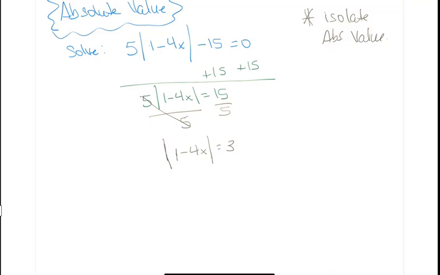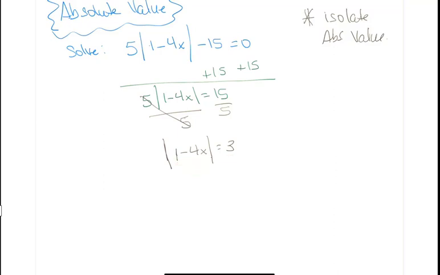So now that we have our absolute value isolated all by itself, because we know when it comes to taking that absolute value, we're looking for that distance from 0. So this stuff in here could equal 3, because then the absolute value of 3 is 3. Or this stuff in here could equal negative 3, because then the absolute value of negative 3 is going to give us 3.